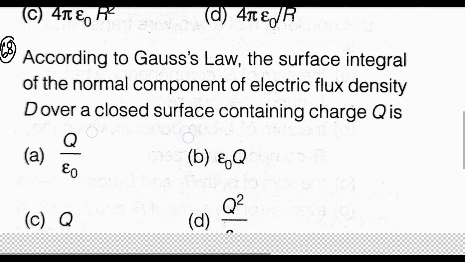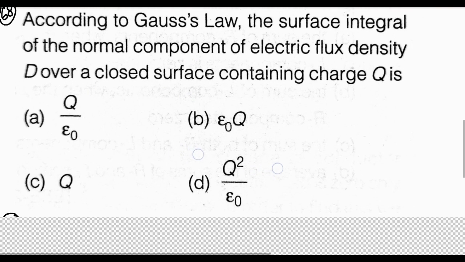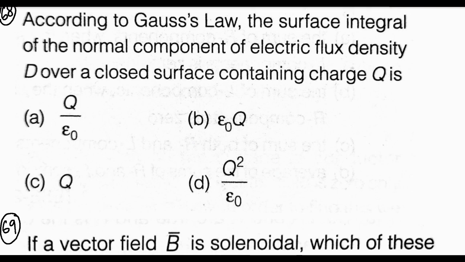Next question is, according to Gauss law, the surface integral of normal component of electric flux density D over a closed surface containing the charge Q is. According to the Gauss law, total flux through any closed surface is equal to the total charge enclosed by the surface.